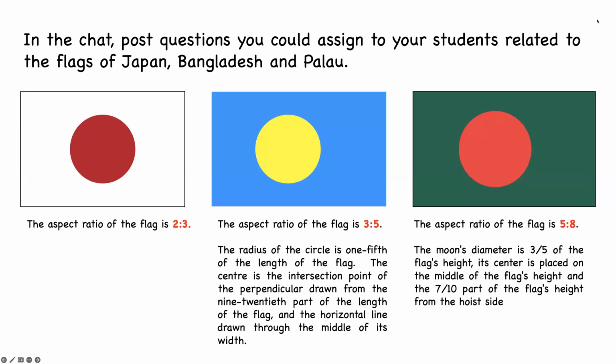For Palau, rather, Bangladesh is 3 to 5. Very interesting. Do you notice the Fibonacci numbers? And golden ratio? You were talking about golden ratio before. If you do the Fibonacci sequence and you go further and further out and do the ratio of successive terms, it gets closer and closer to 1.618. So there's very interesting ratios here.